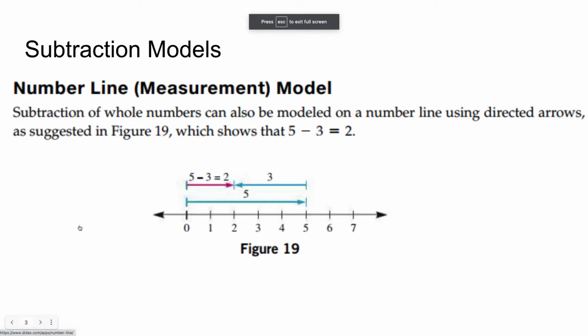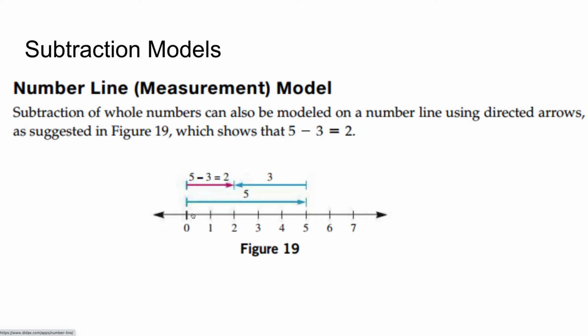And we can also do the number line model, right? On the number line, we know when we are adding numbers, we go to the right hand side. So we had 2 plus 3 is equal to 5. But here in the subtraction model, you start from the beginning number, the number that we are subtracting from.